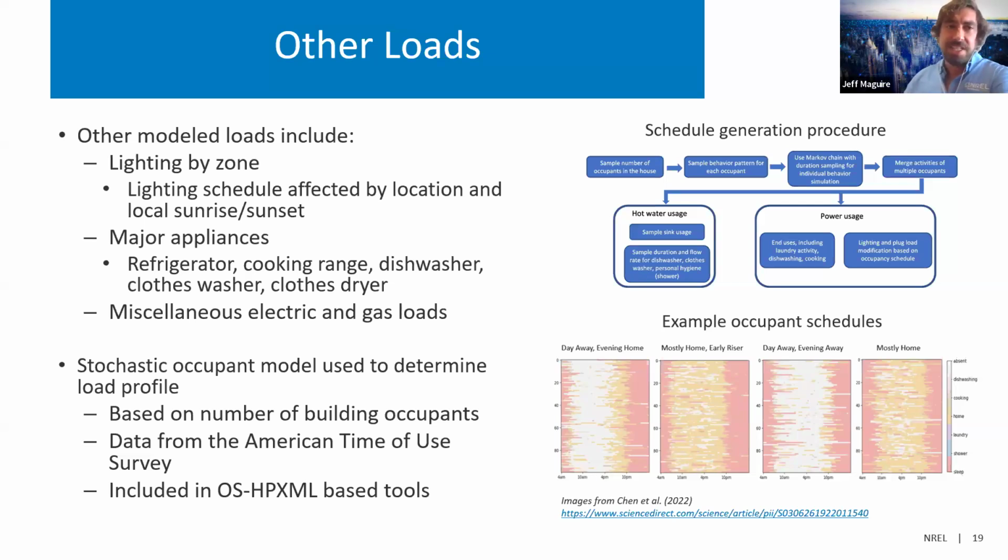For our other loads, pretty broad category here, but things like lighting, all your appliances, refrigerator, clothes washer, clothes dryer, etc. Any sort of miscellaneous loads, all the computers, gaming consoles, fans, all sorts of stuff, aquariums, whatever you have for appliances in your home.